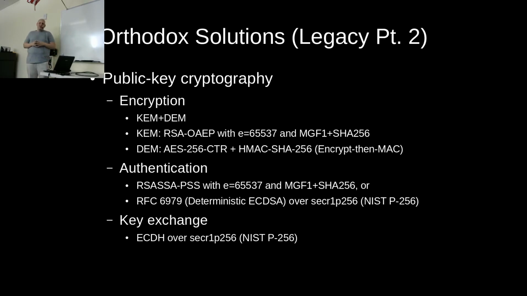Okay, public key crypto with OpenSSL and the hash extension is where things get really messy. Currently, the best way to use it is to encrypt the key and then encrypt the data separately. So what you would do is generate a random 256-bit value. You would encrypt this with your RSA public key, and you get an RSA ciphertext.